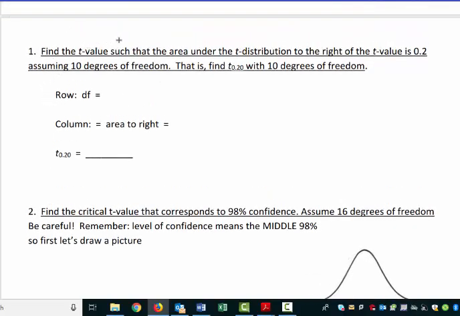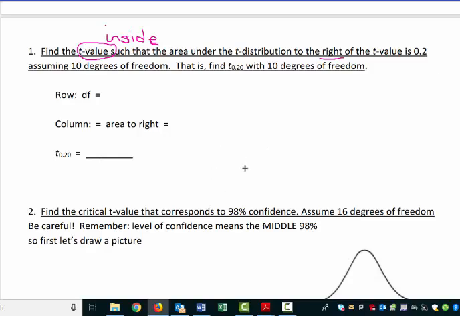It says find the T value, so that means we're going to be looking inside the table, because that's where the T values are in the T chart. Find the T value such that the area under the curve to the right is 0.2.